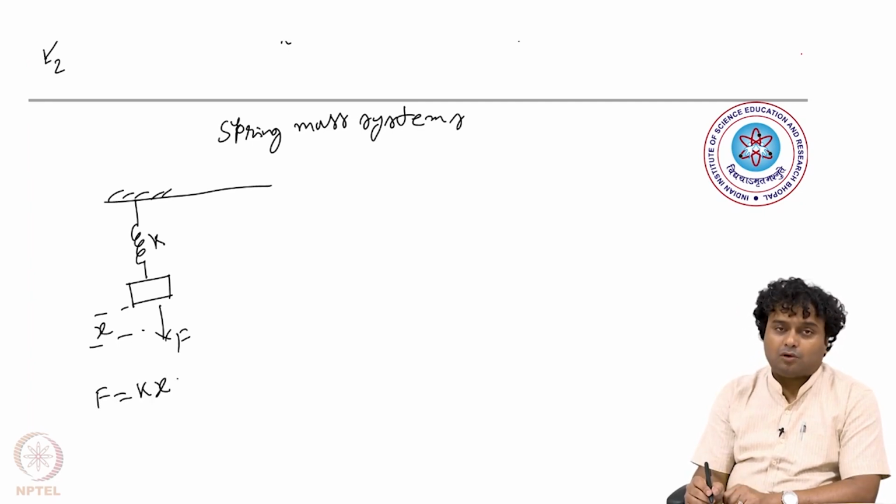Now, we are going to model our systems like this spring mass system, so that we can directly use the k value and accordingly we can solve any problem.